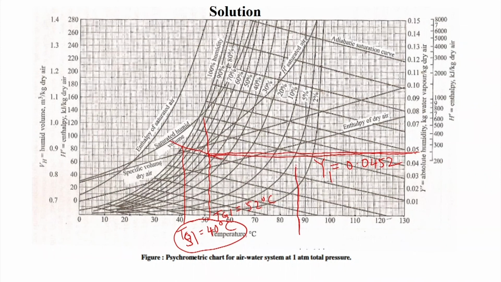So, if Tg2 is equal to 87.5 degree Celsius, and Ts1 we have is 40 degree Celsius, then what will be the Ys?